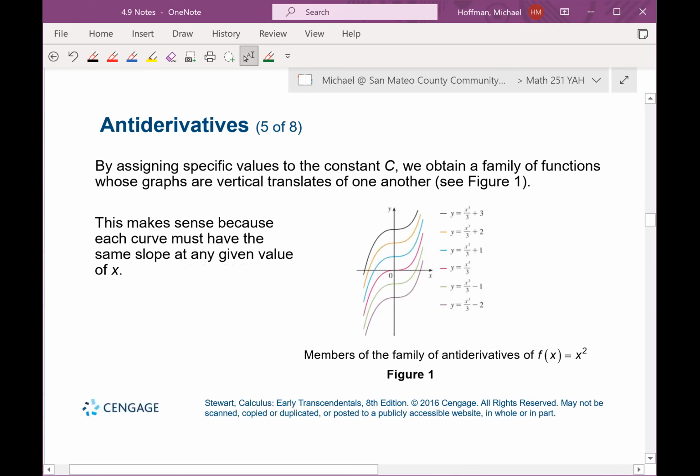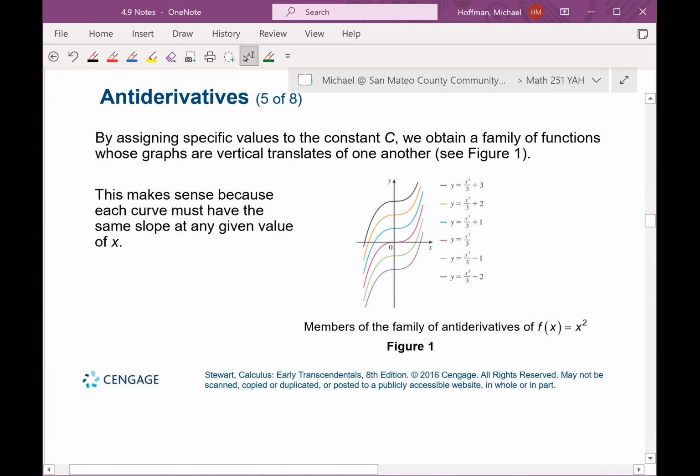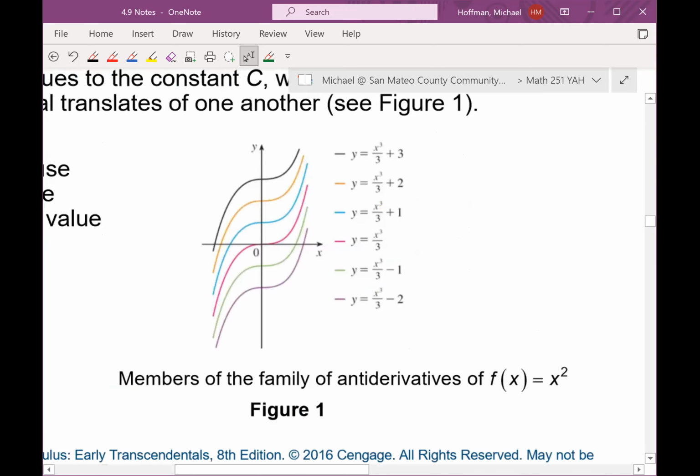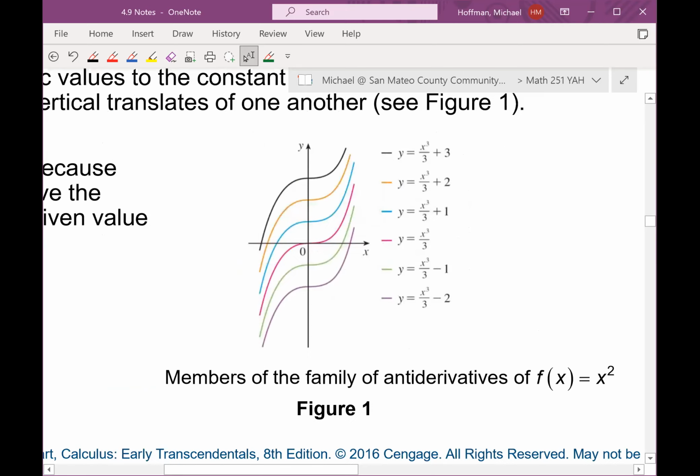Okay. Now, we explored this somewhat with the curve sketching, but basically any function of this shape would have a slope story equal to x squared. So all of these functions, if you say they're slope stories, they'll have the same derivative, y equals x squared.